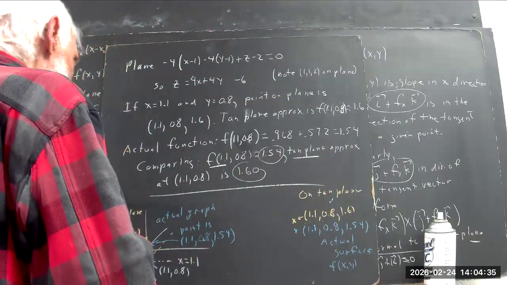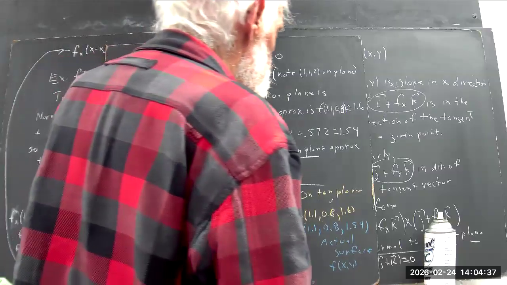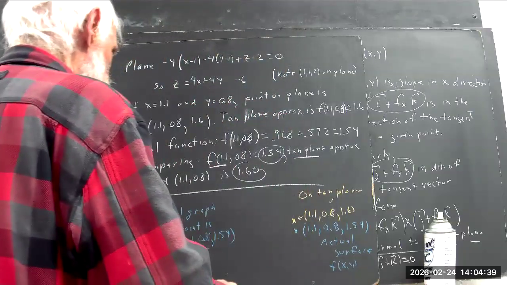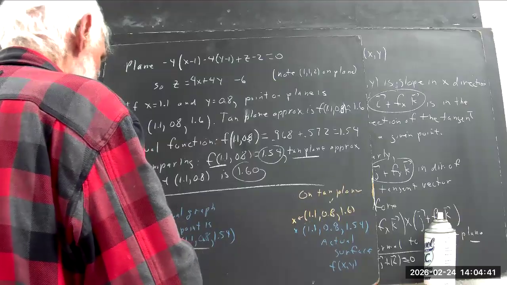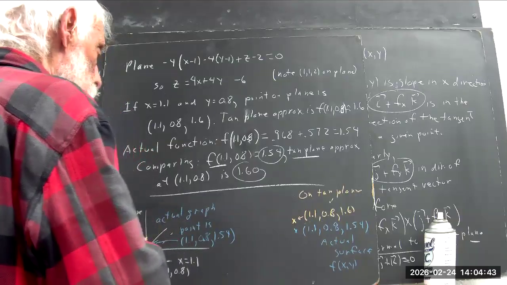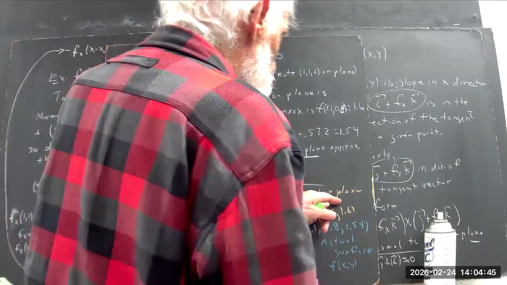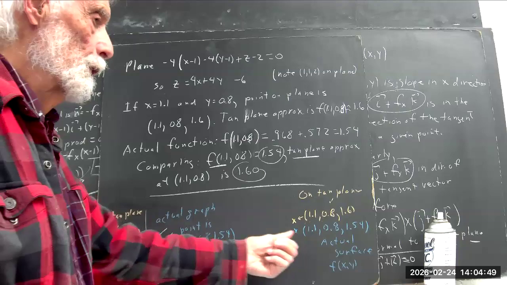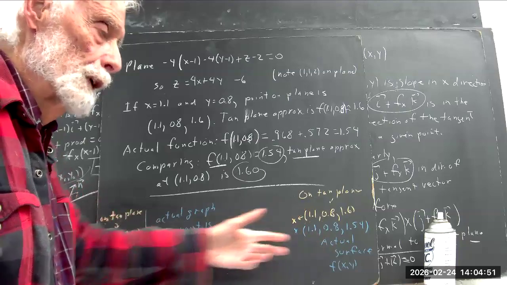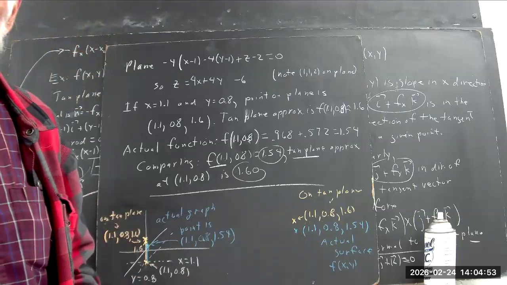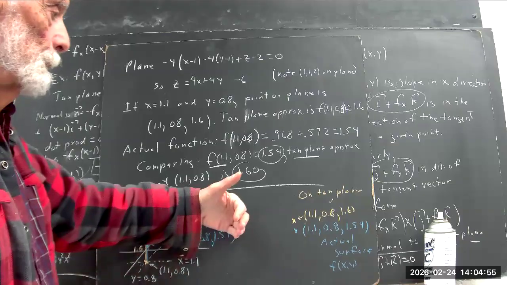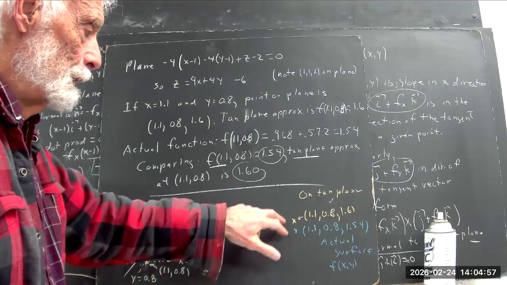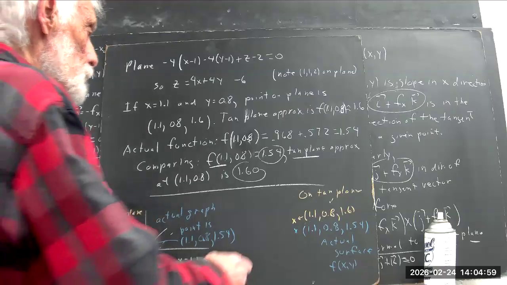Point 1, 1, 2 is a little higher than either of these. It's a little to the left as the x-axis has gone left and right, and a little bit in front of any of these points, and a good bit higher.